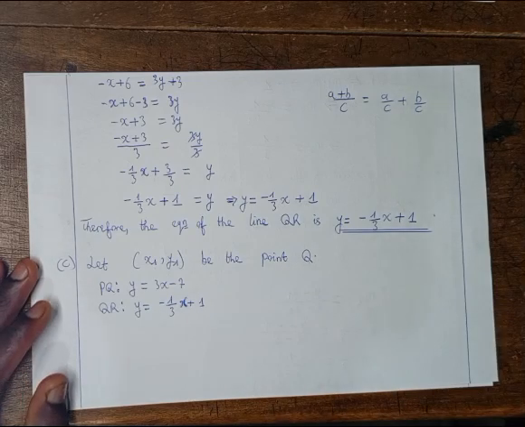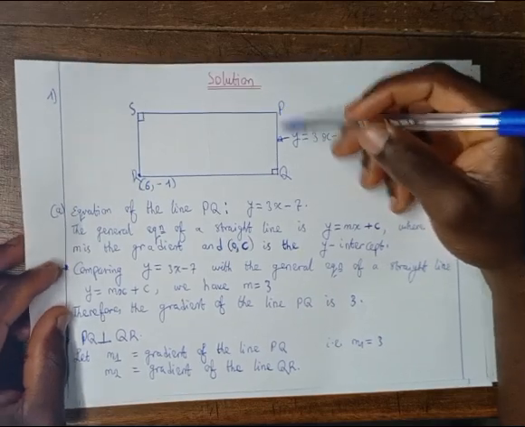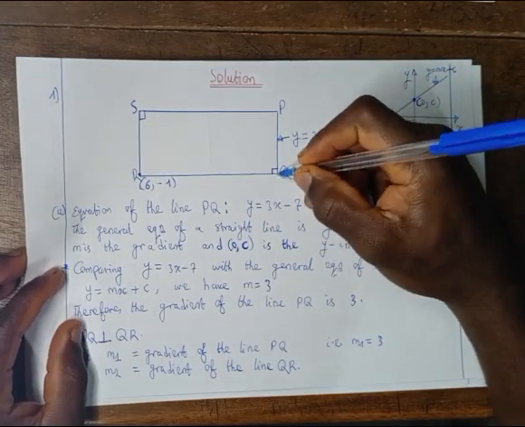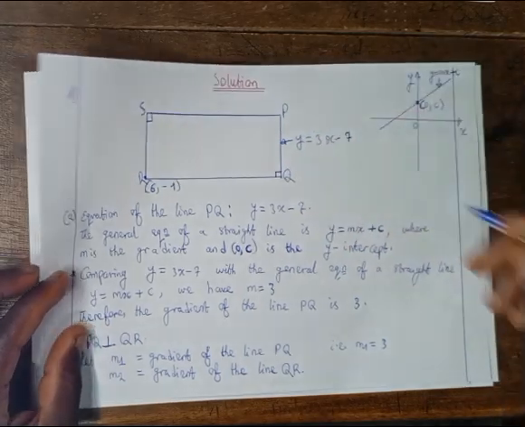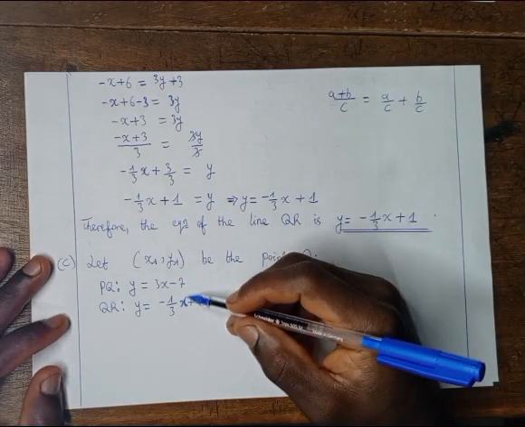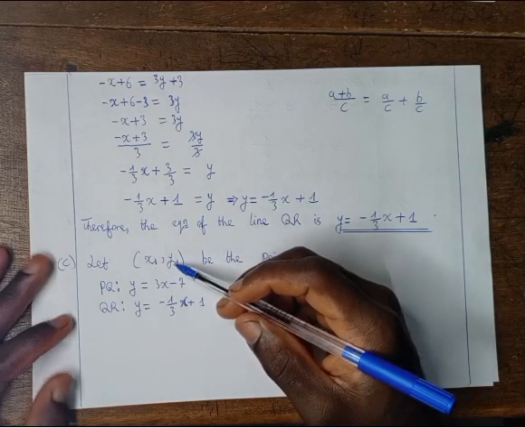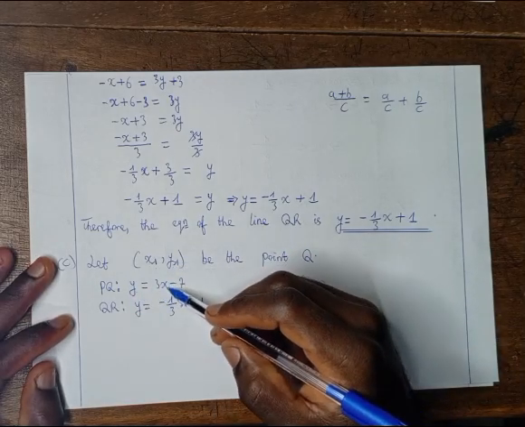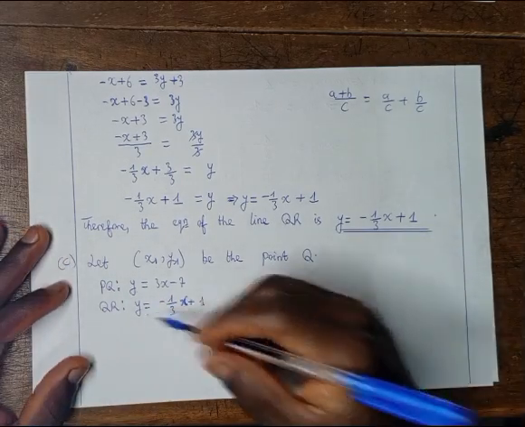That means if you look at our rectangle, the lines PQ and QR meet at the point Q. So that means the point Q will satisfy these two equations. That means if I replace y here with y1 and x here with x1, the system will be true for the two lines.